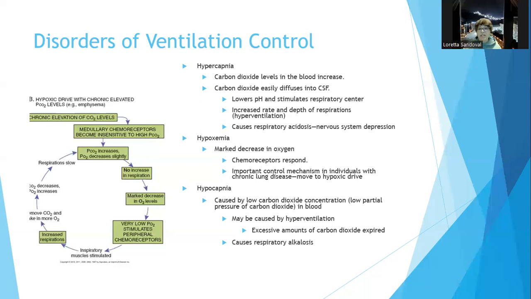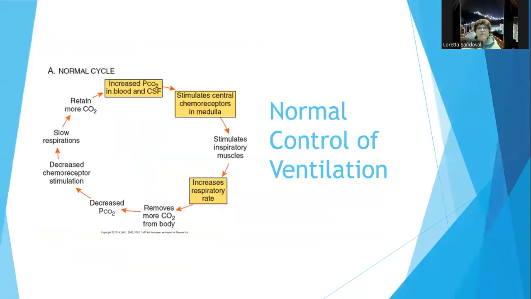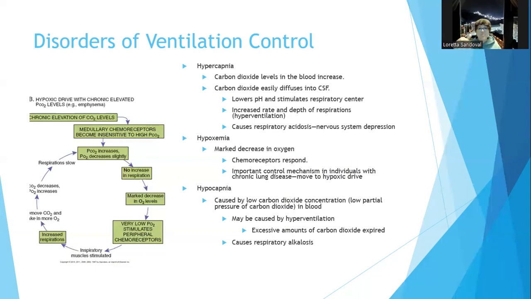So in normal function, we respond to increased CO2. When you don't have that, you have to respond to decrease in oxygen, and that's the hypoxic drive. So normally you respond to increased CO2. When you don't respond to increased CO2 because of hypercapnia, then you have to respond to hypoxic drive.